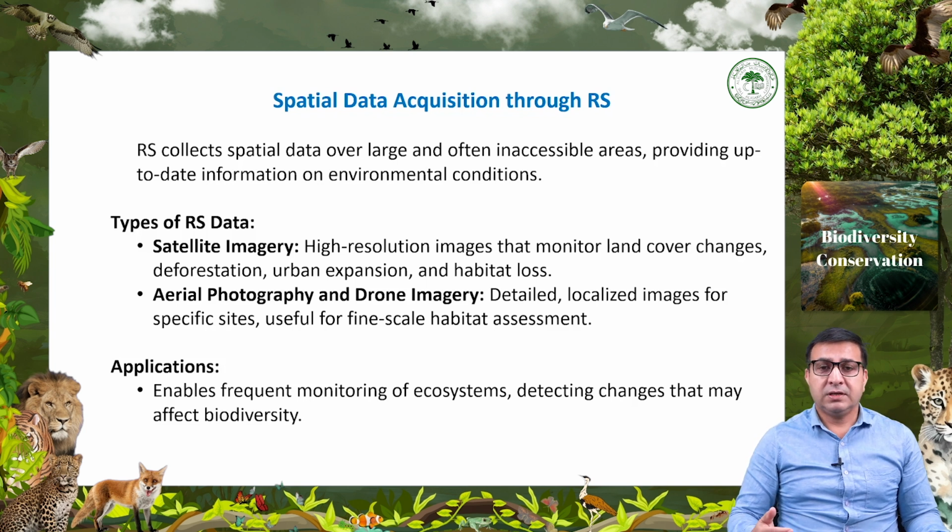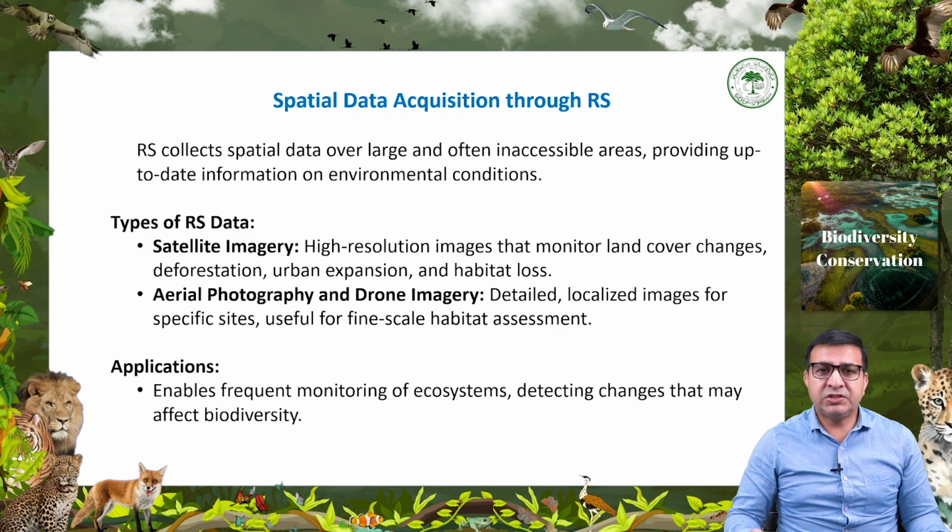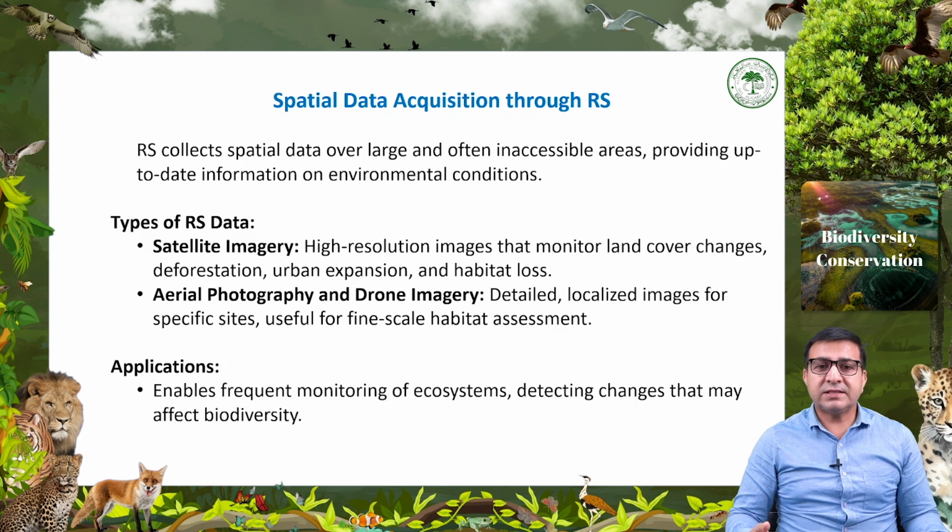Satellite imagery is useful for large scale monitoring of change such as deforestation, urbanization and land cover change. Satellites continuously capture data, allowing for long term monitoring of ecosystems. The second one, aerial photography or drone imagery, provides high resolution localized images for specific areas, making it useful for assessing habitat health as well as change on smaller scales.